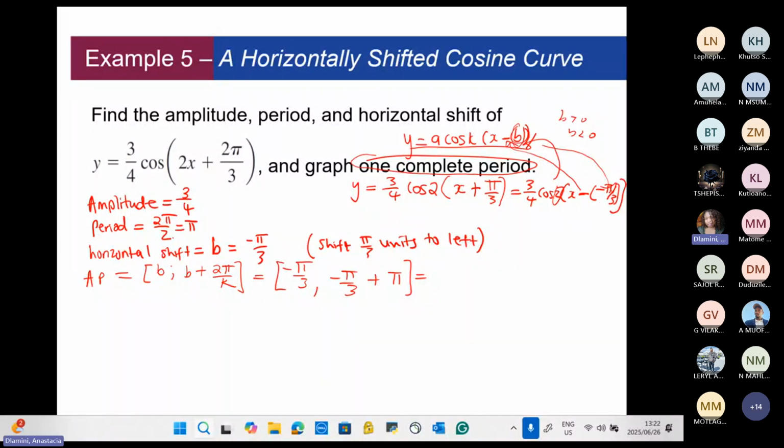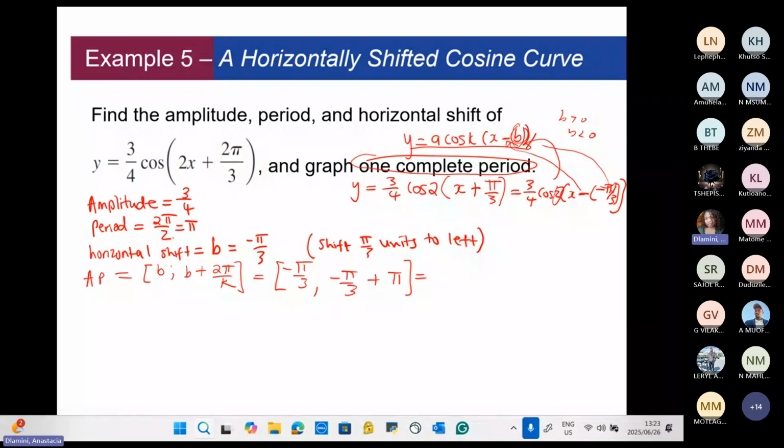It shows your learners that you don't just draw a graph. You start at this point and then you continue drawing the graph, extending it to the left or to the right. Ma'am, are the coordinates of the appropriate interval negative pi over 3 to 2 pi over 3?